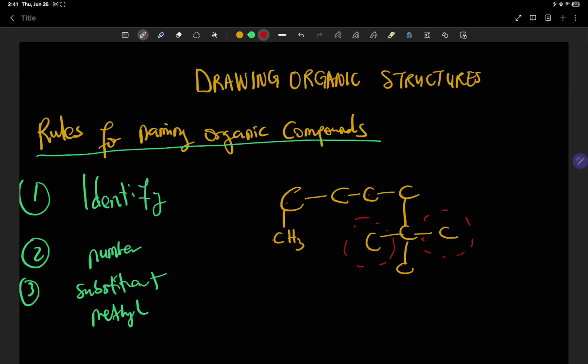You can also count from here. 1, 2, 3, 4, 5, 6, 7. If you count this way, it means that this and this is an attachment, just likewise.